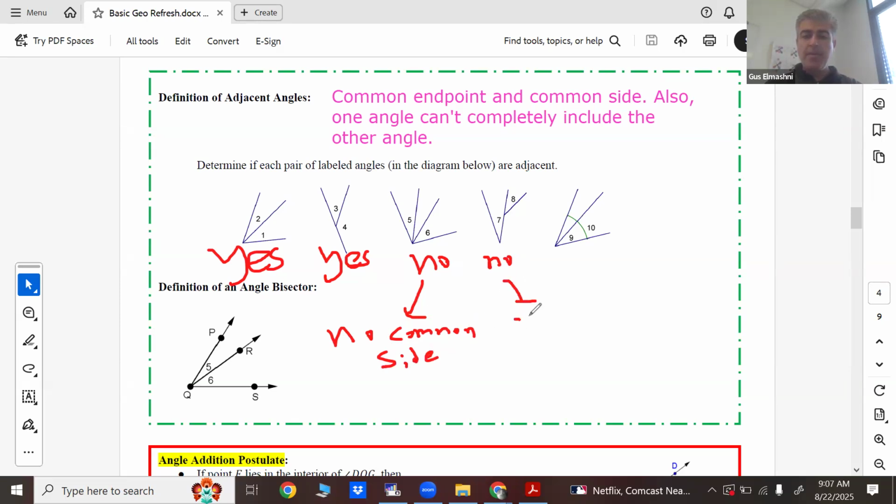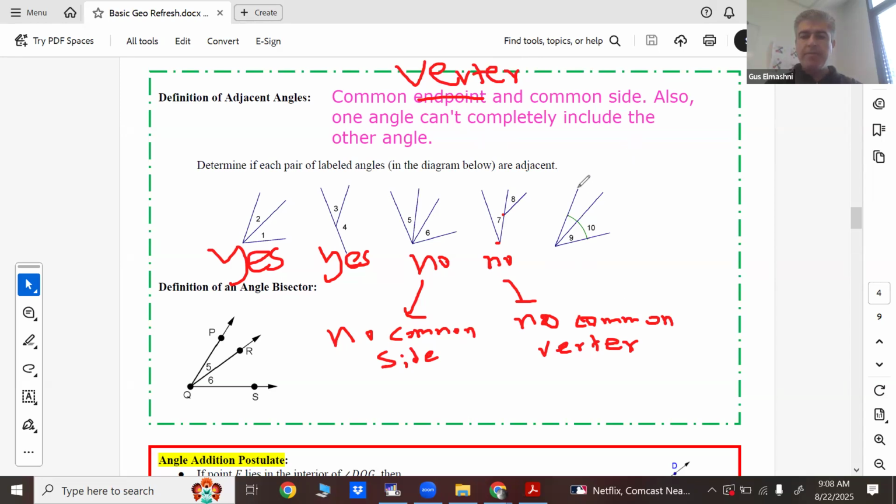Here, no common endpoint. 7 and 8, those points are here and here. Those vertices. Or no common vertex. That's probably a better way of saying it. No common vertex. Let me change that.